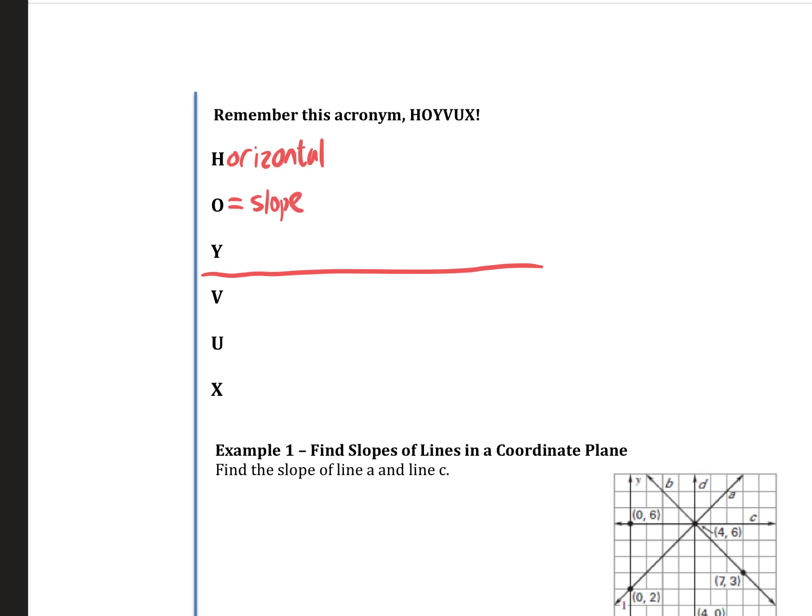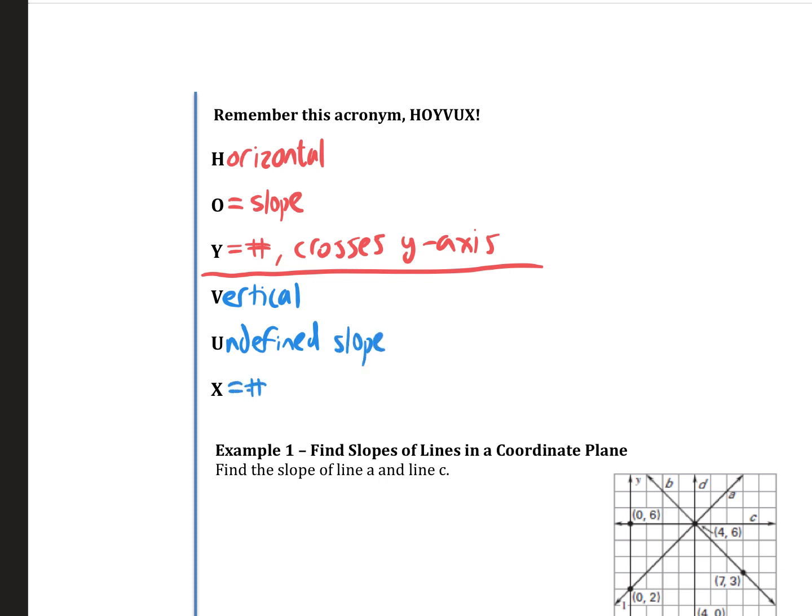And the equation looks like y equals a number, and it crosses the y-axis. And then V is a vertical line. It's an undefined slope. And then the equation is going to be x equals a number, and it crosses the x-axis.